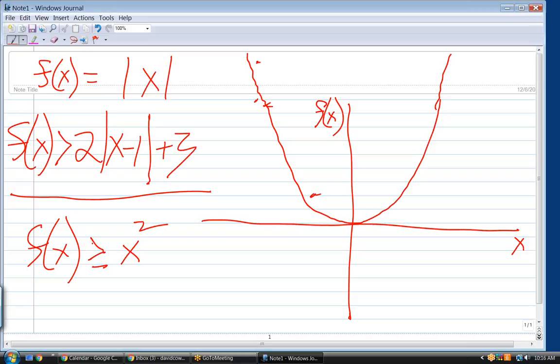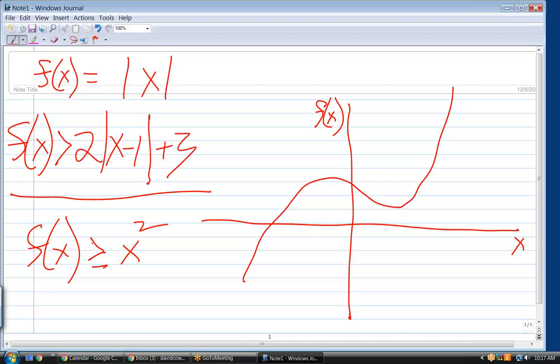Okay, now it is true that all my points that are inside the parabola are the ones that are greater. So it's not really wrong to think of it like that, but you won't always have parabolas that you're dealing with. Let's say I had a cubic function that looks like that. Okay, that's y equals x cubed and change.